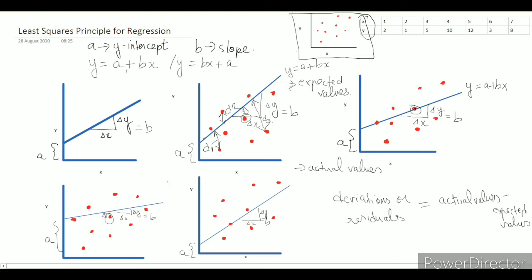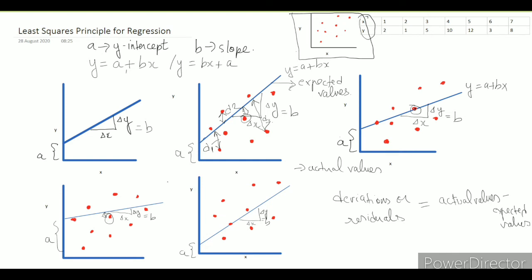So how can we draw a line so that we reduce these deviations? If we draw a line which passes through the points in such a way that the deviations are reduced, we get the line of best fit. And the line of best fit will help us give the most exact value of y given the value of x.